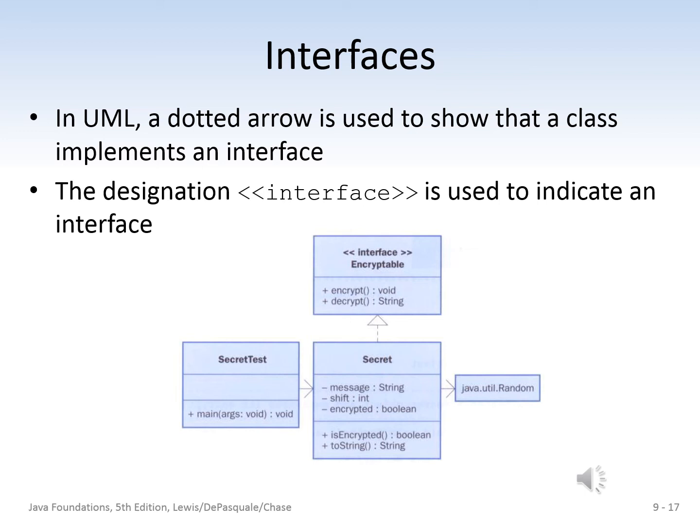Here we can see Secret is implementing the interface Encryptable, and we also use two less than signs and two greater than signs to encase the term interface to indicate that Encryptable is an interface.